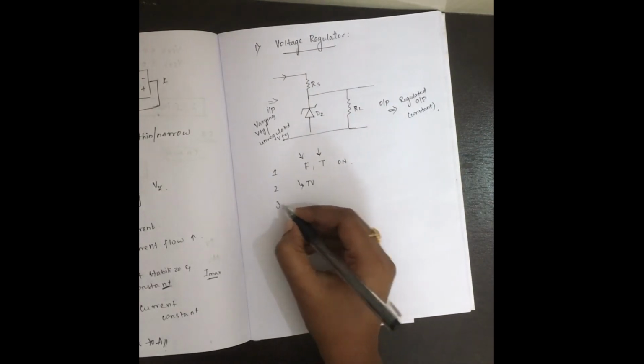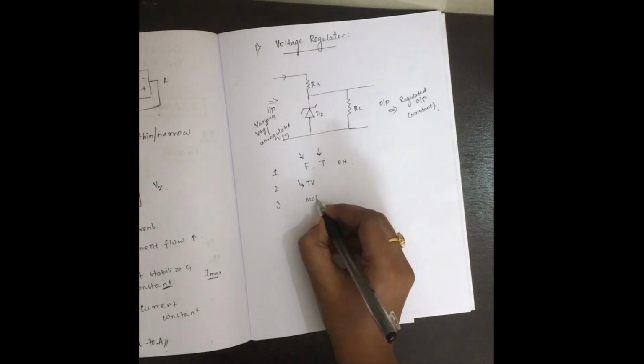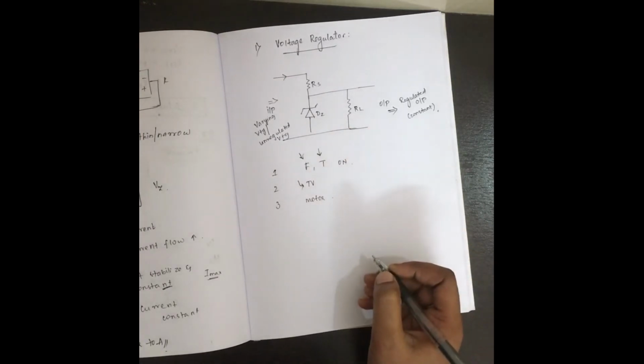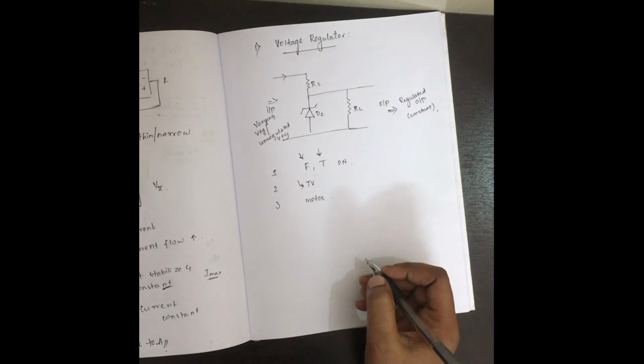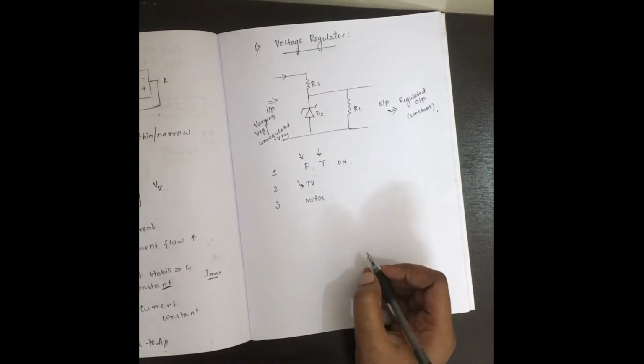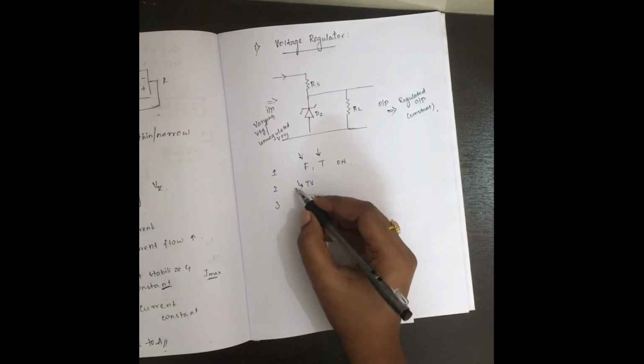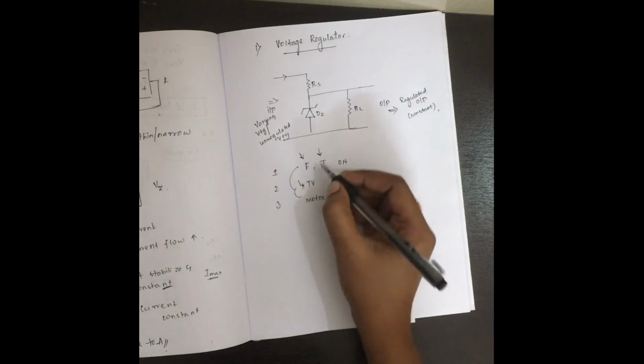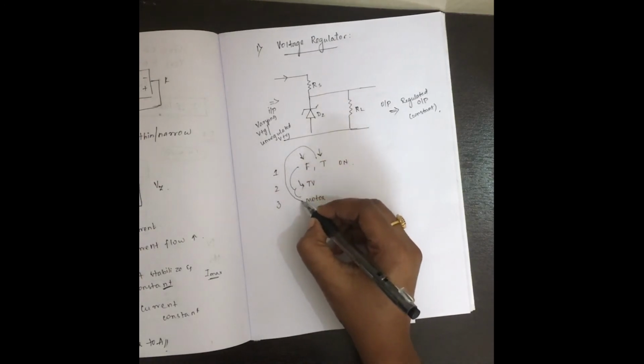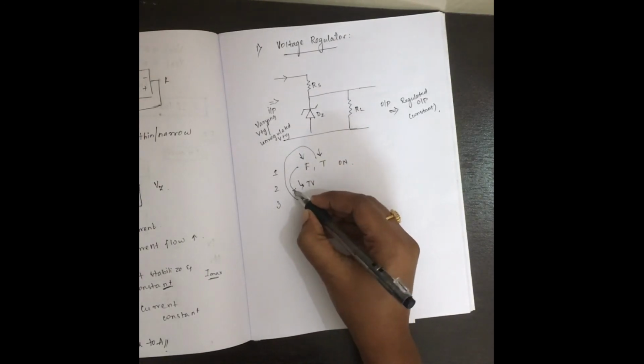Now in the third case, if you see a motor, this motor also runs with high voltage, therefore the supply to the motor needs to be higher. So the voltage from the TV, from the fan and from the tube light will be applied to the motor.